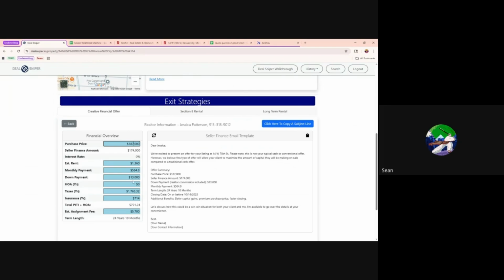For example, if I were to change this to, let's say you were to be able to negotiate $10,000 as a down payment instead of 13. Well, now look at your assignment fee. It went up $3,000 because the pool of money is 10% of the purchase price. In this case, $18,700. That's all the investor wants to pay. The investor doesn't give a damn who gets what of that $18,000.